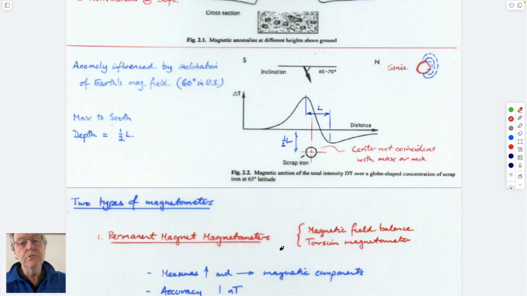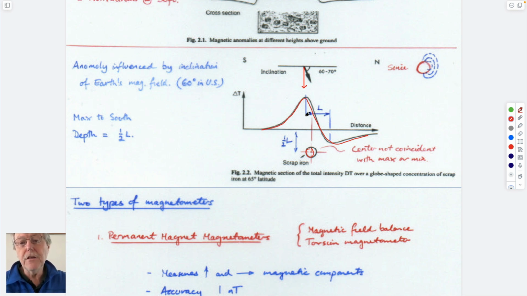And so because of the inclination of the magnetic field, if you have a target which is present at depth, then the signal that you'd pick up for that target would be a bit of a skew bell curve. It's skewed because the incident magnetic field is not coming in directly vertically, in which case it would be symmetric, but it's skewed and therefore it defines a particular shape.